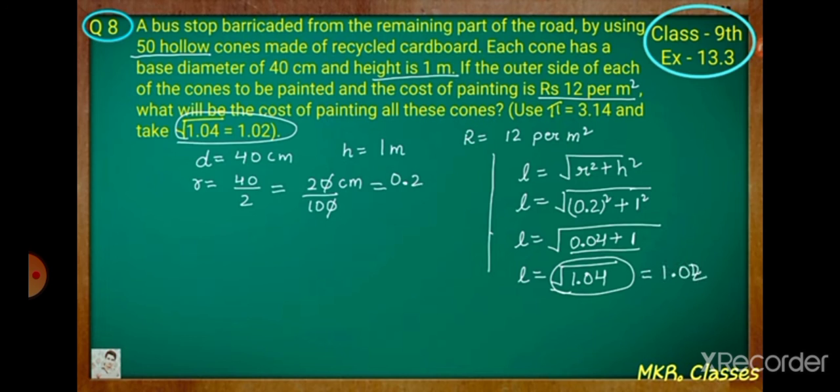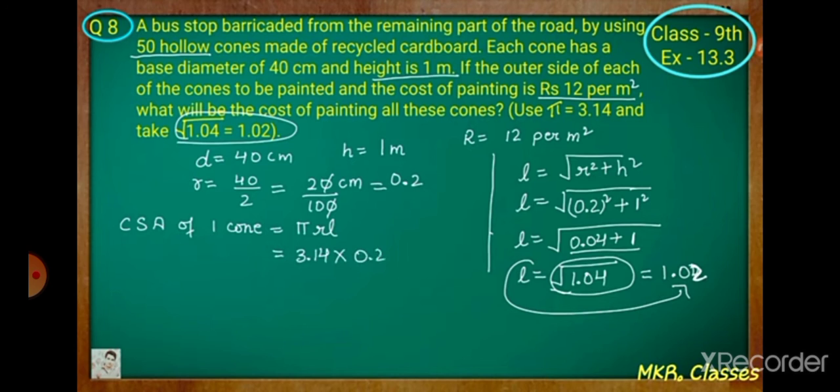In place of r we'll put 0.2, in place of h 1, which gives 0.04 plus 1, and it means 1.04. The value of root 1.04 is given, that is 1.02, so no need to simplify it. Directly we can write 1.02.